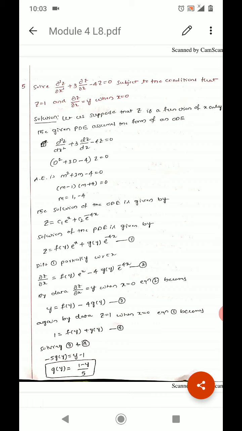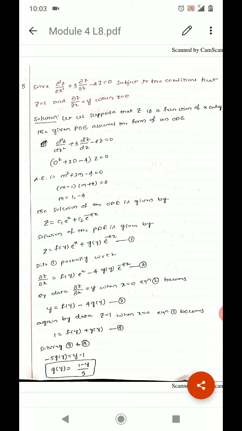Now replace the arbitrary constants c1 and c2 by functions of y. So z is equal to f of y into e power x plus g of y into e power minus 4x. So this is equation 1. To obtain del z by del x, differentiate equation 1 with respect to x partially.